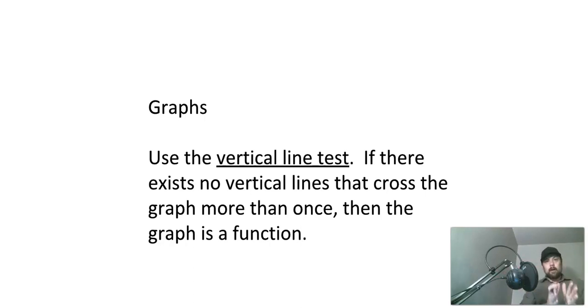So that's what you're on the hunt for. Can you find a single vertical line, or more than one? It doesn't have to just be one, but can you find a vertical line that will cross the graph more than once? If you can, it's not a function. But if you can't, if no matter where you try to place a vertical line, it never crosses the graph more than once, then the graph is a function. All right, so that's the vertical line test.